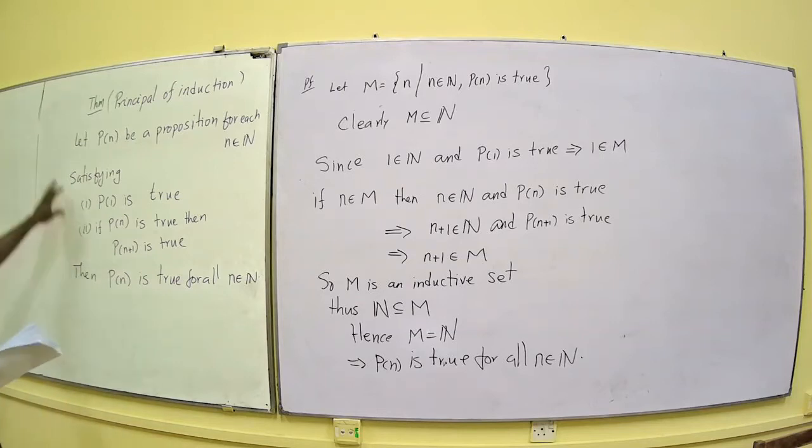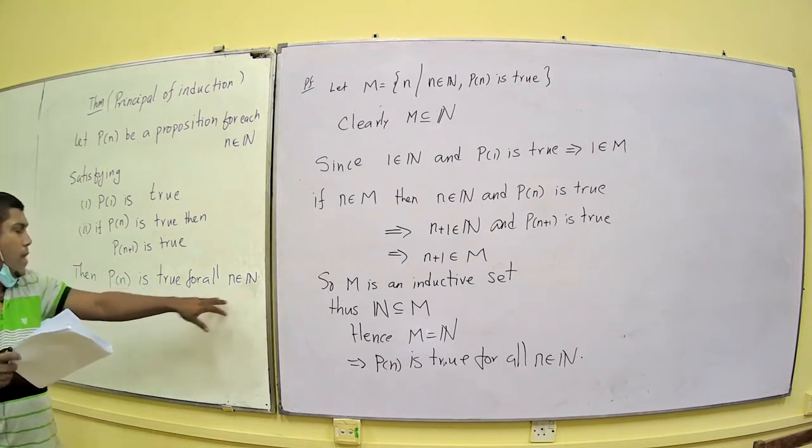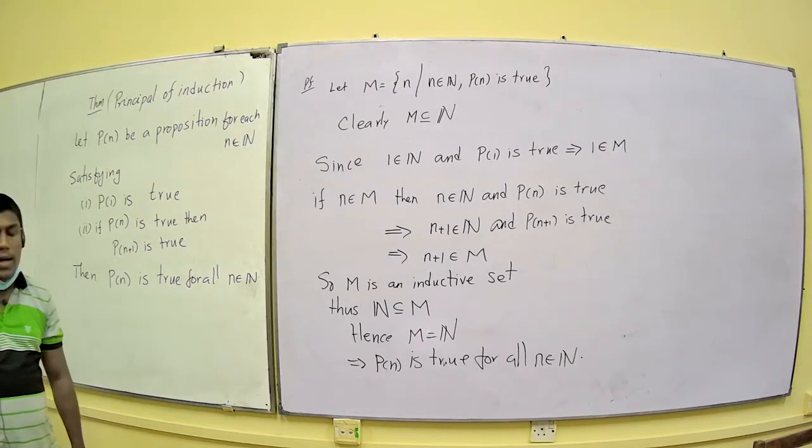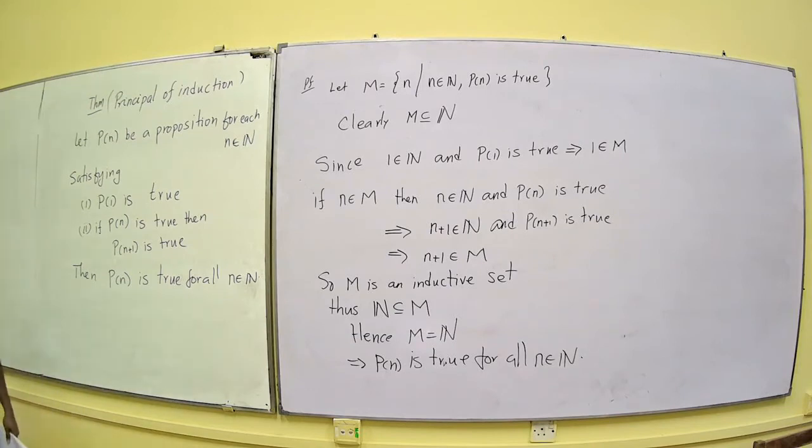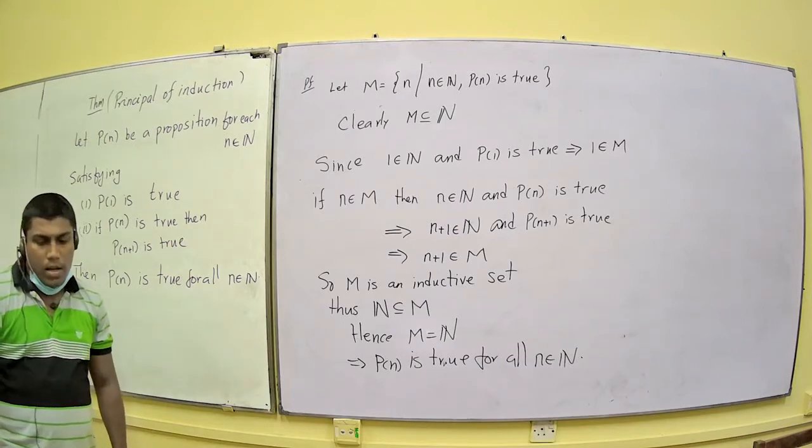Because of this statement, if these two conditions are true, then we can clearly prove that P(n) is true for all natural numbers. That is why you are able to do those exercises or examples in mathematical induction.